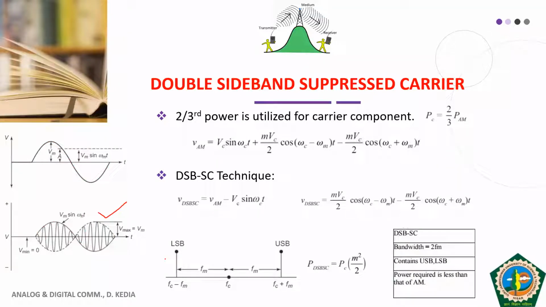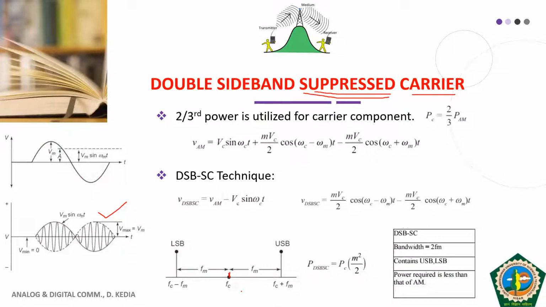And students, yesterday one important point I had told you: mind the words suppressed carrier. It's not without carrier. In case of double sideband suppressed carrier, we do not fully remove carrier. A small amount of carrier is required for synchronization purposes.